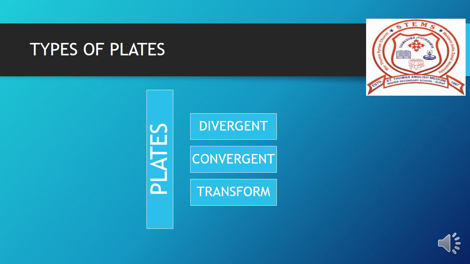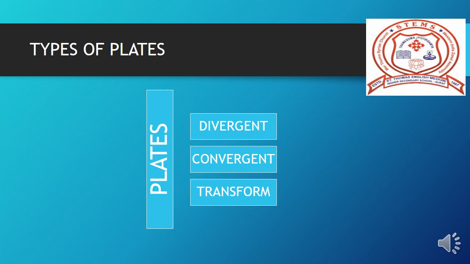Convergent plates are the plates that move towards each other, they converge towards each other. Third is transform plates. When two plates slide against each other, they are called transform plates.